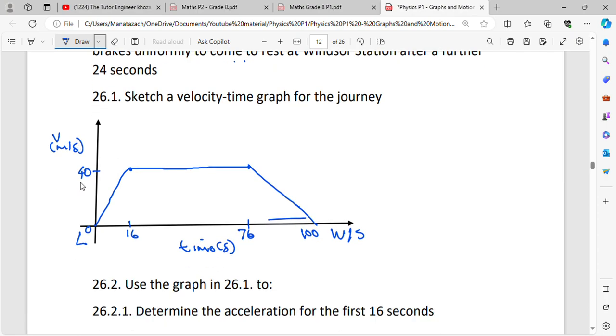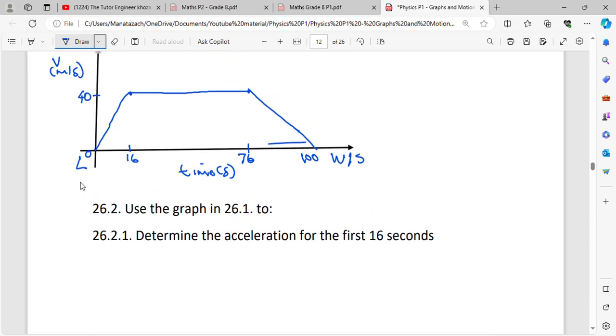Let's go to the second question. Use the graph in 26.1 to determine the acceleration for the first 16 seconds. As you might know by now from our previous lessons, if you are given the velocity time graph and you need to determine the acceleration, that means you always have to work out the slope of the velocity time graph.